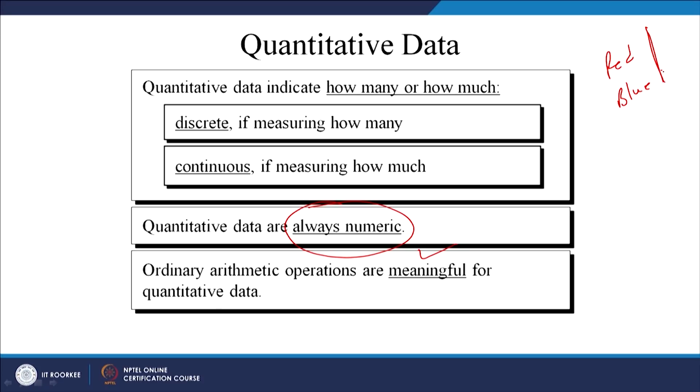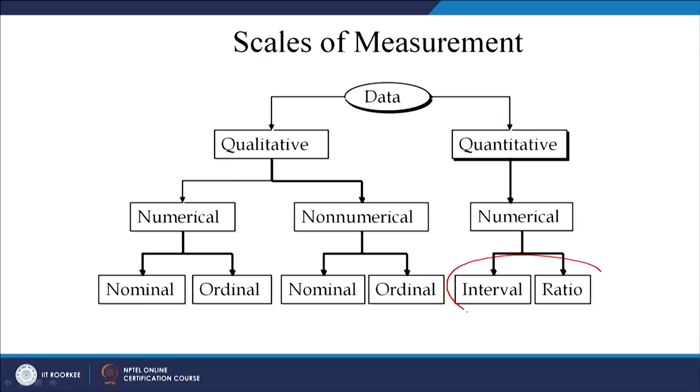You can't have a mean, isn't it? So, in case of quantitative data, you will have some meaningful arithmetic or statistical operations, right. Broadly, what we have said is you have got qualitative data and quantitative data. Quantitative scales are interval and ratio scales. If you have got qualitative data, you have only two, right, nominal and ordinal. Now, this can be again numeral and non-numeral, right. This is what we have already seen.